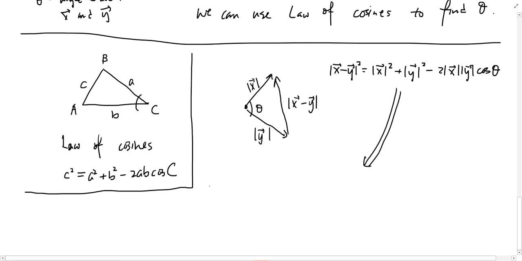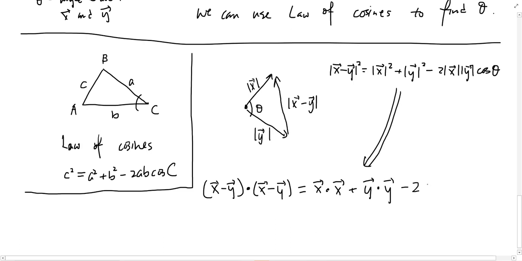I can say that the length of vector x minus y squared is nothing more than vector x minus vector y dot product vector x minus vector y. And that would equal vector x dot vector x plus vector y dot vector y minus 2 times x dot y. These two things don't have the square, so I'm going to just keep them the way they are instead of introducing radicals.